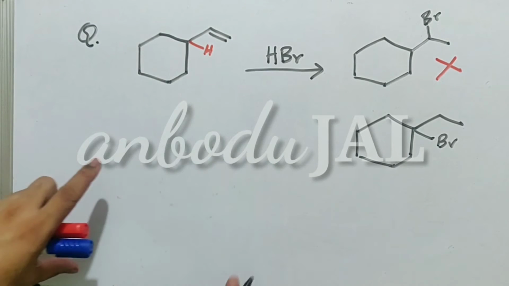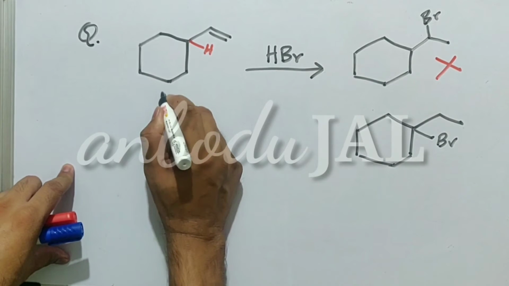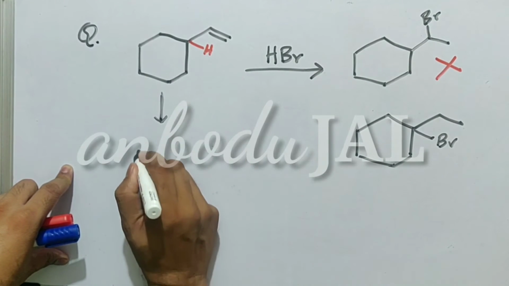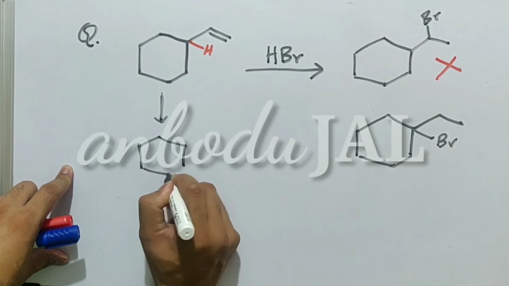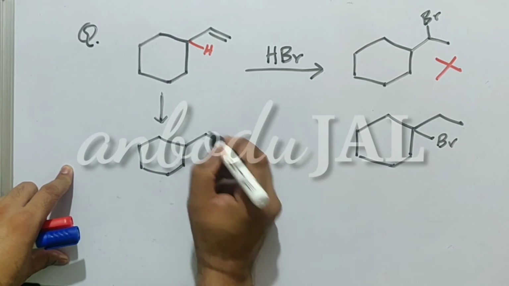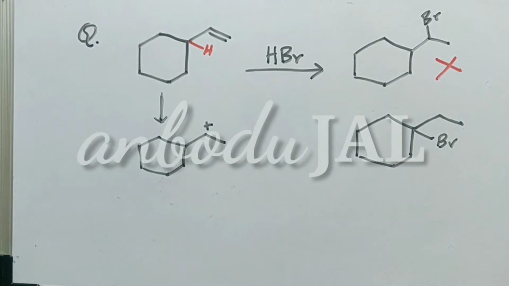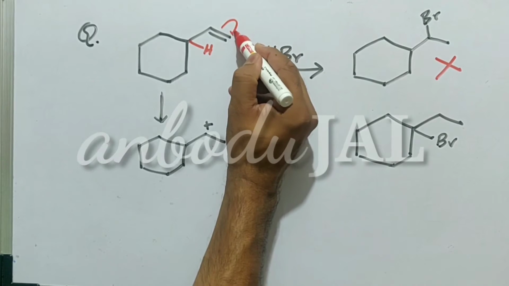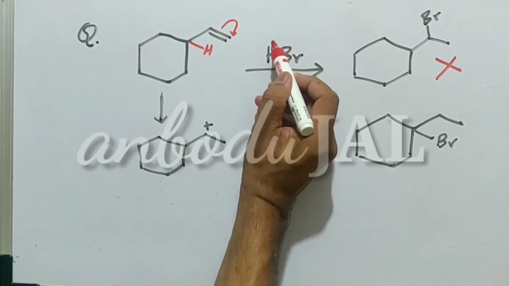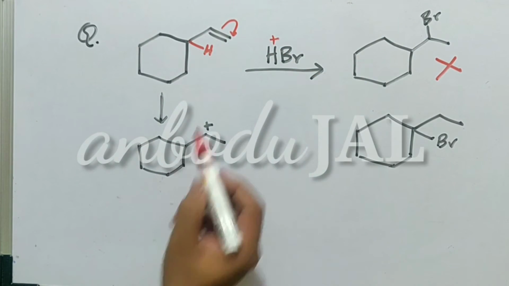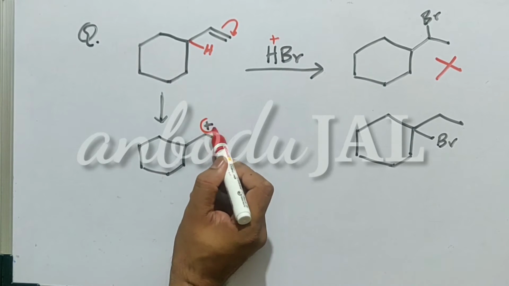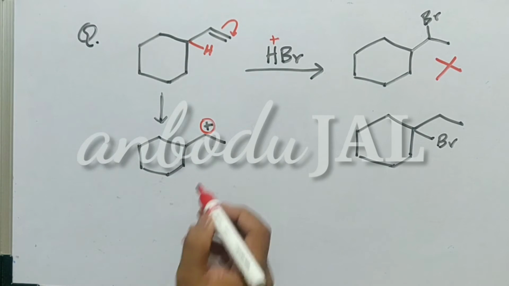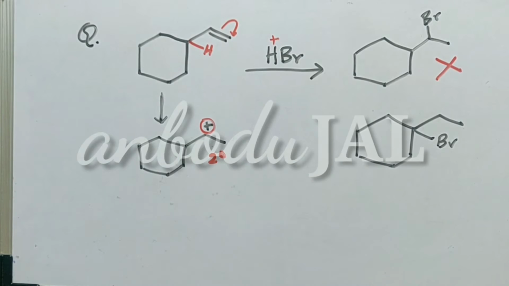Now listen here, I am discussing the mechanism also. That is, in the first step, what happens? Here the plus charge comes here. H plus will be attached to this carbon. So this will be the carbocation. This is a secondary carbocation, which is less stable than tertiary.